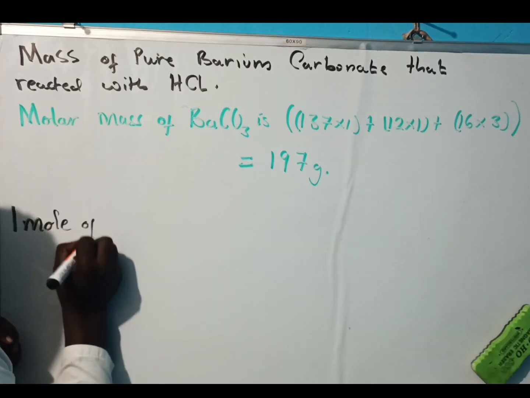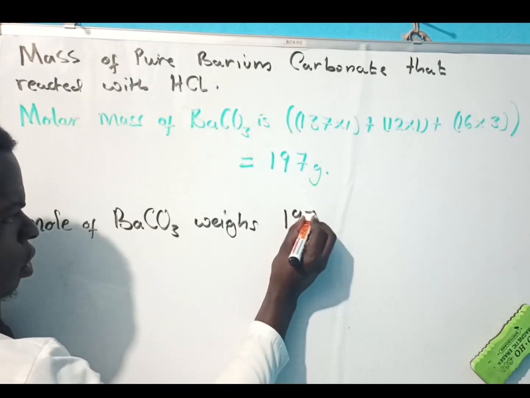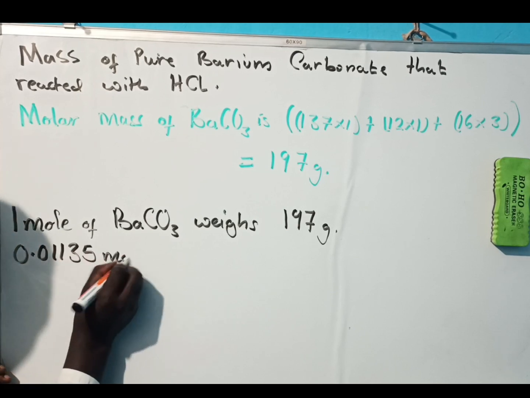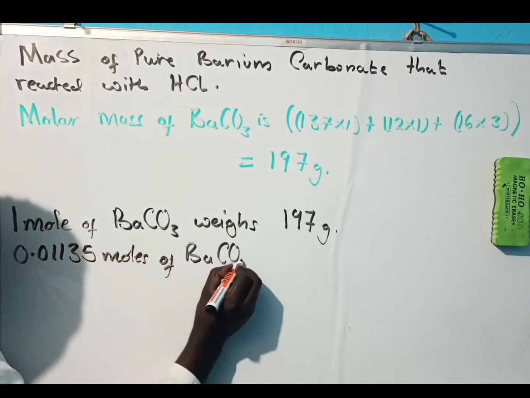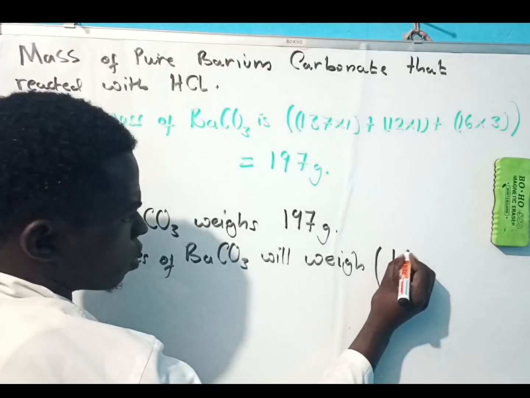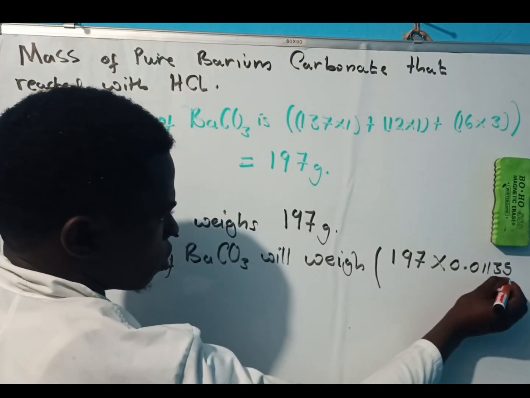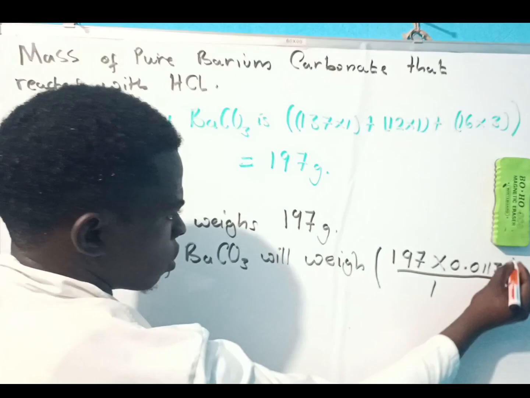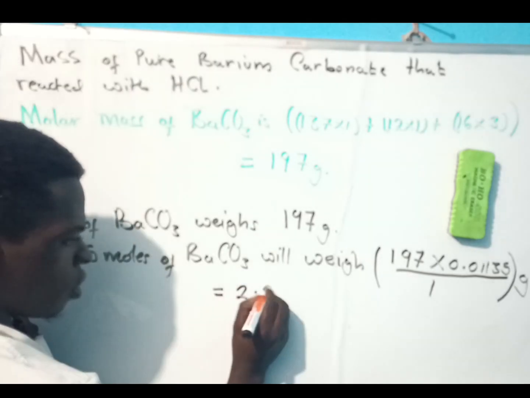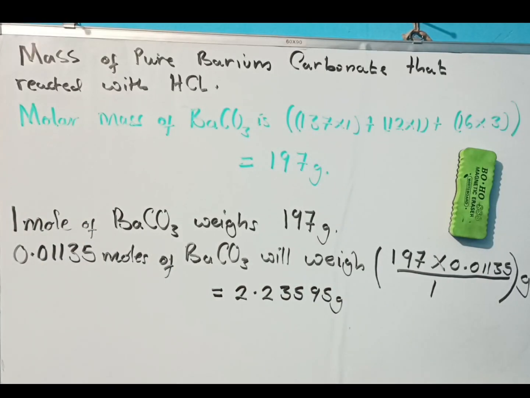Therefore, 1 mole of barium carbonate in P weighs 197 grams. What about the 0.01135 moles of barium carbonate will weigh 197 times 0.01135 over 1, giving 2.23595 grams of barium carbonate.